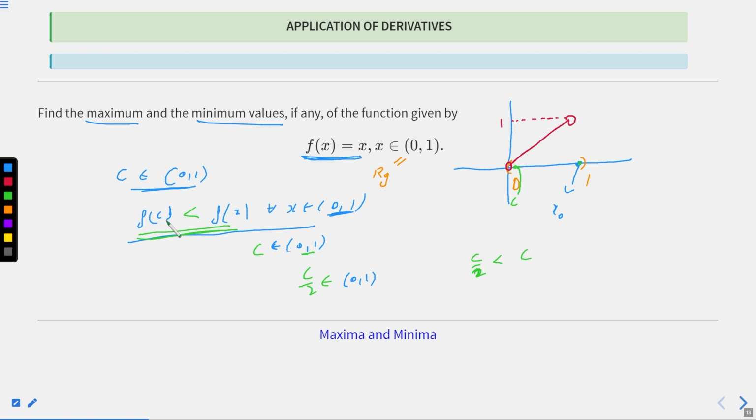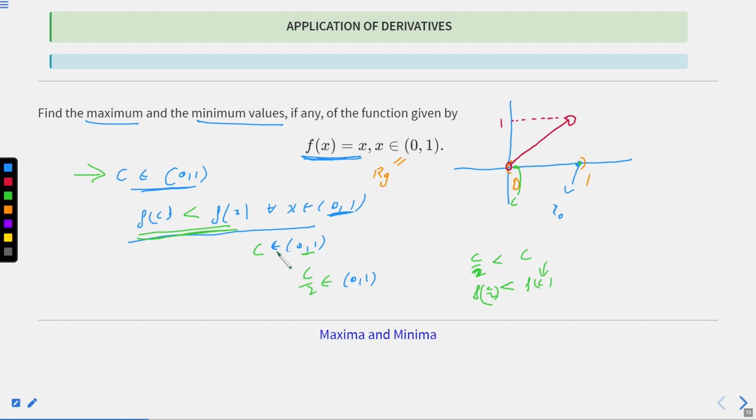Pick any C near 0. Then you will always have a point less than C, such that f of C by 2 will be less than f of C. So there does not exist any C, if you are saying that there exists a C such that this will happen.